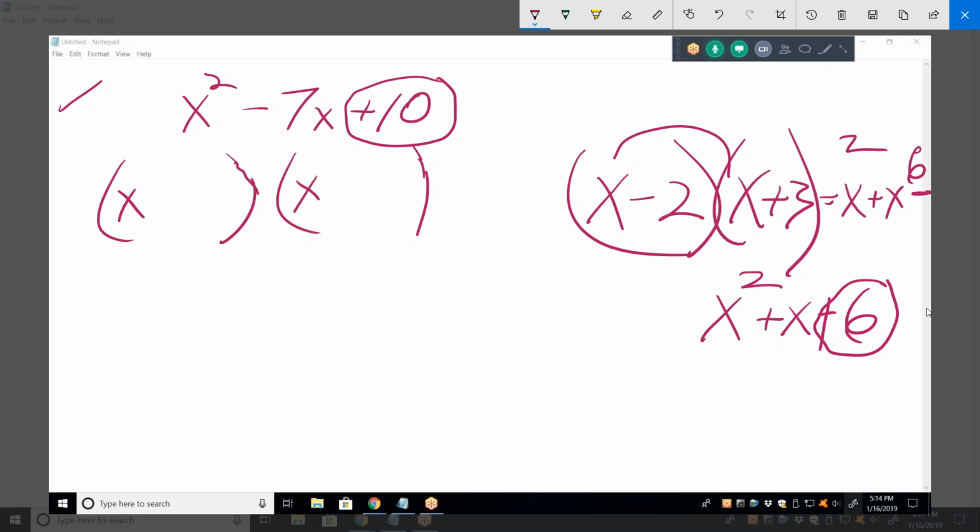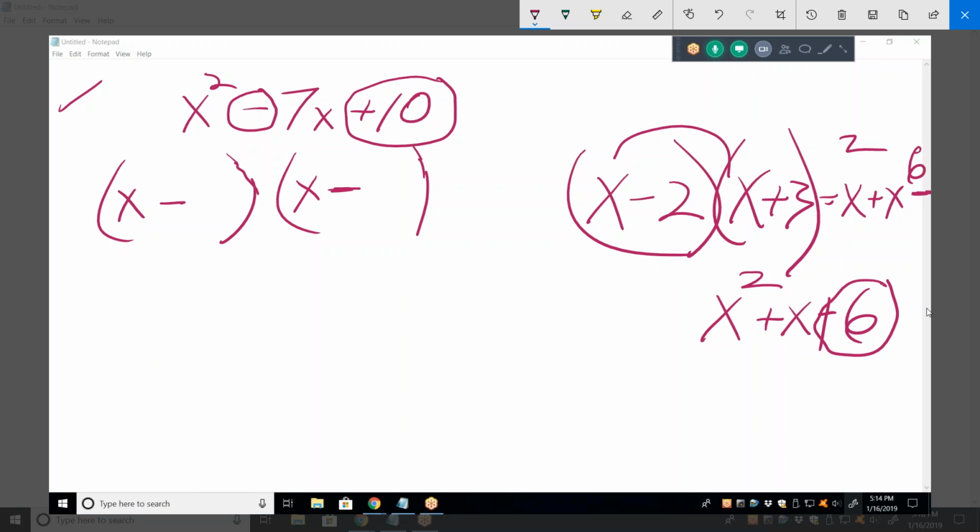They don't have to be both plus, but they either have to be both plus or both minus. So in this case, I'm looking at a plus 10. So I know that my signs have to be the same. Now, what are they? Minus, minus, or plus, plus? Minus? Because of this one right there. In other words, if I know that they're both the same, I look to the middle term. The middle term is negative, therefore it's minus, minus.